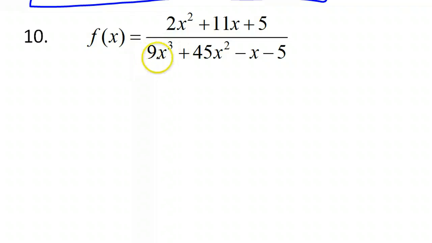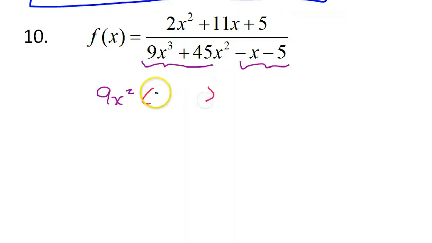Number 10. Look at that denominator. Once again, grouping is looking pretty good. GCF from these two, I see 9x squared as a GCF. So I've got 9x squared. That's going to leave behind x plus 5, right? Because 9 times 5 is 45.